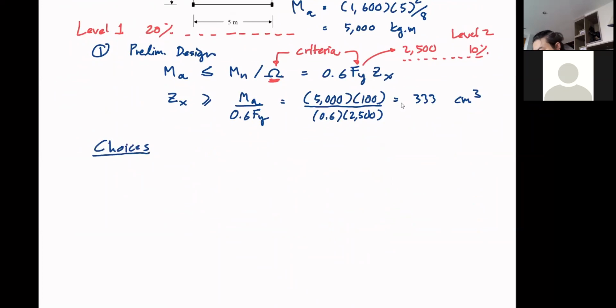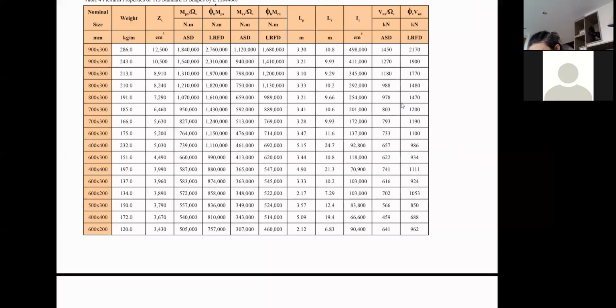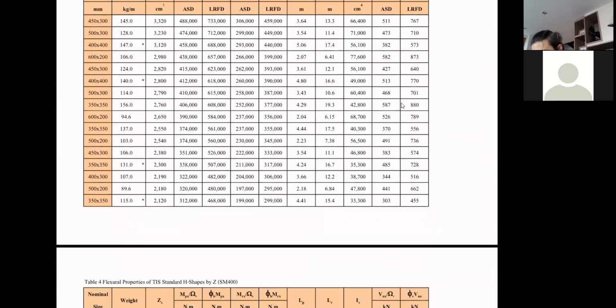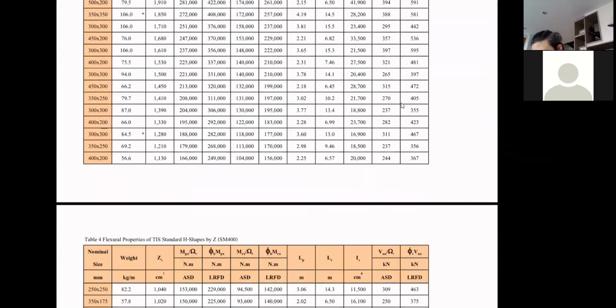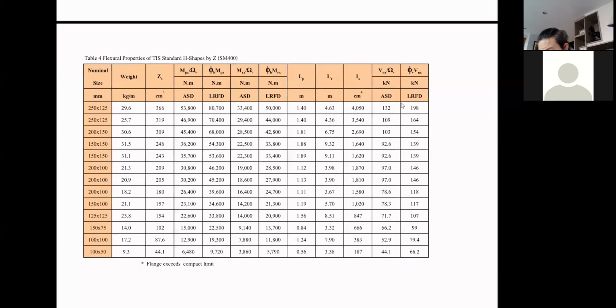Okay, and our target is 333, right? So the first section that is available here now, you use this section. See, you may begin from here. See that? That's 366.